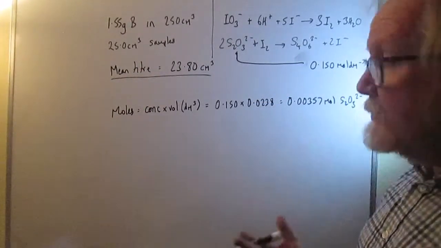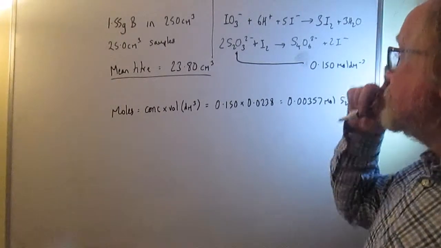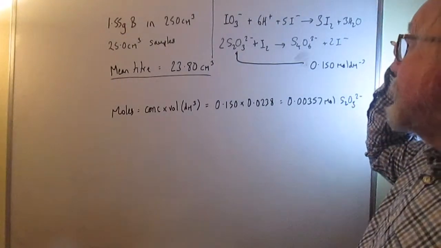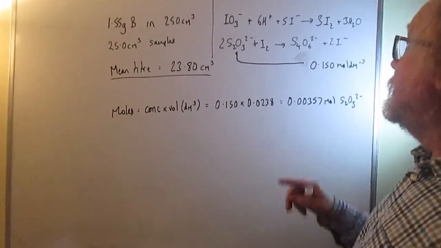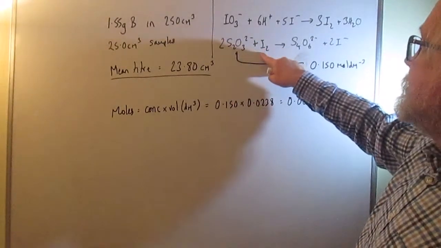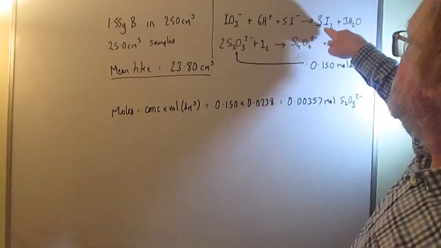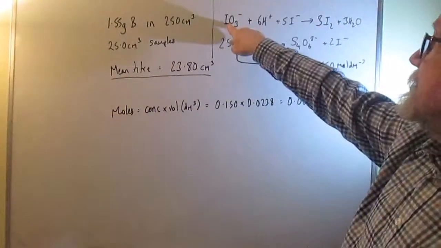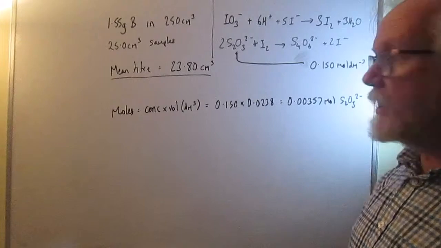And then, as always, what you expect in a titration calculation is that you have to consult the equation to relate that to moles of the other stuff, because obviously it's the iodine we're actually interested in, because it's the iodine that was produced by this reaction, which we can then relate back to the IO3-.